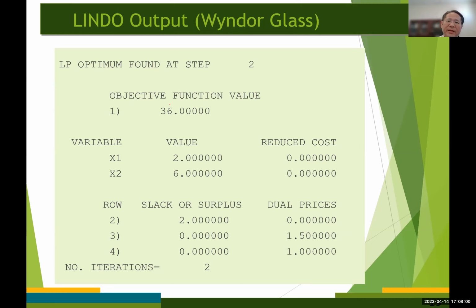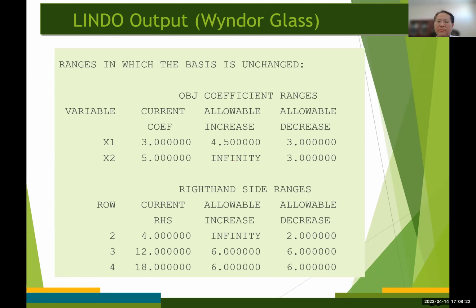Okay, so this is the corresponding Lindo output for the window glass example problem. So here we have the optimal solution value, which is x1 equals 2, x2 equals 6, right? And besides the optimal solution, Lindo also provides the allowable ranges information. And last time I showed you how to get this information, right?